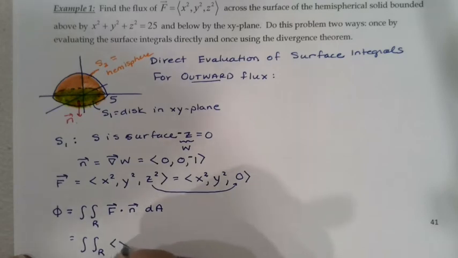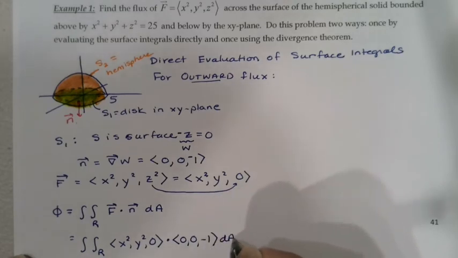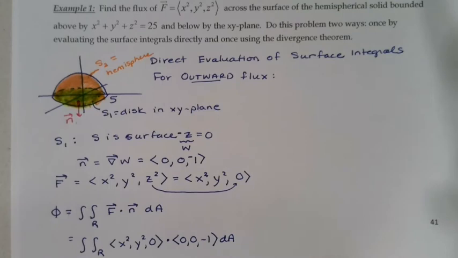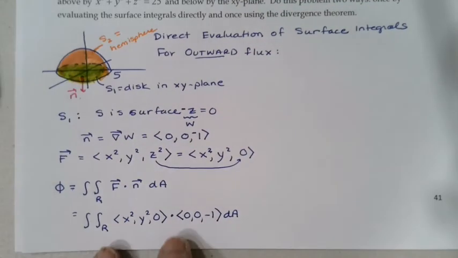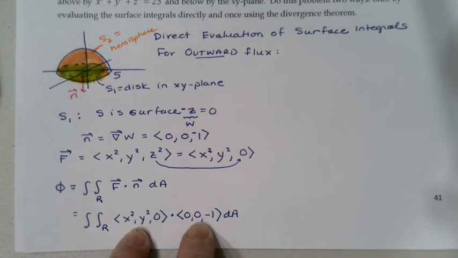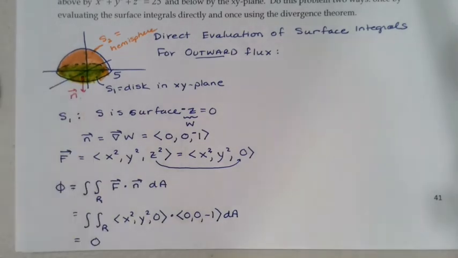F was x squared, y squared, 0, n was 0, 0, -1. And in this particular case, it looks to me like we're just going to get 0. I'll get 0x squared plus 0y squared plus 0. So I'll get a 0 flux for S1.